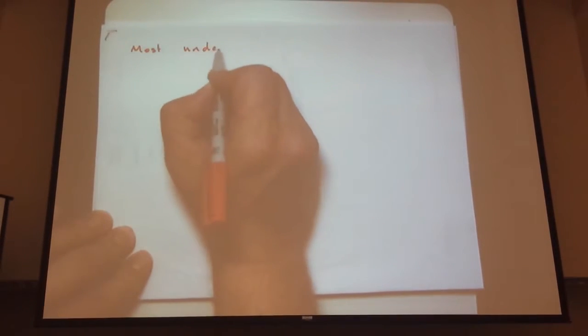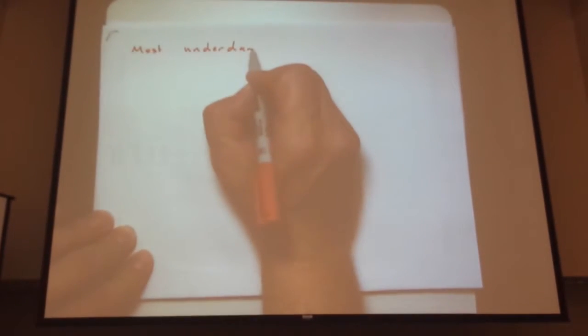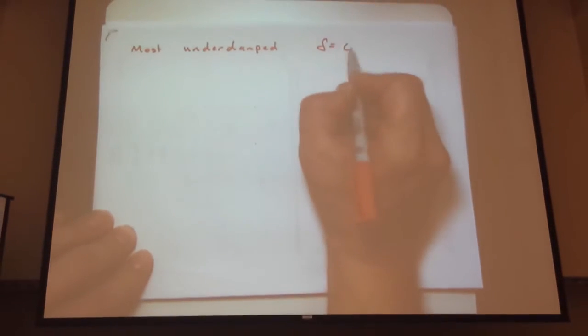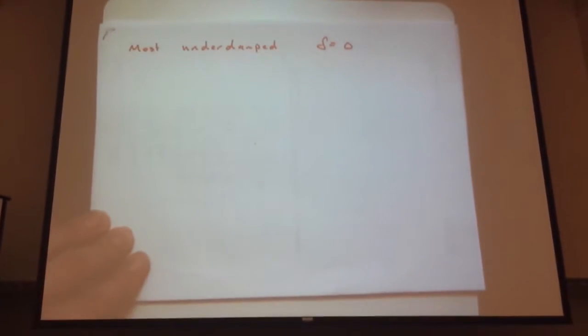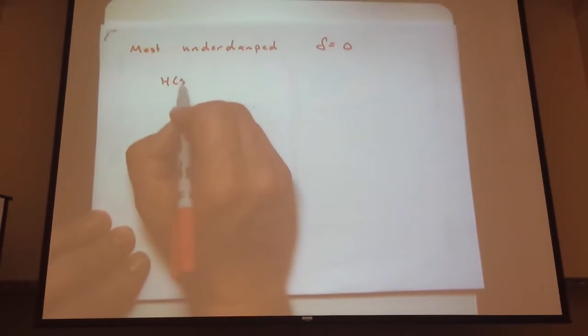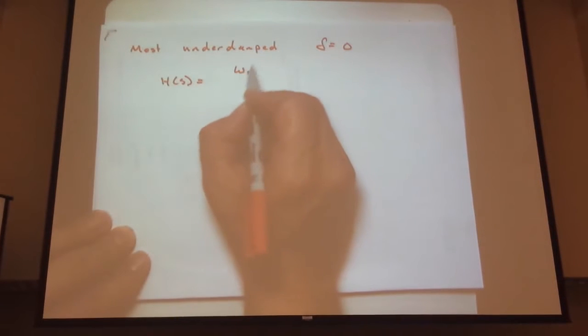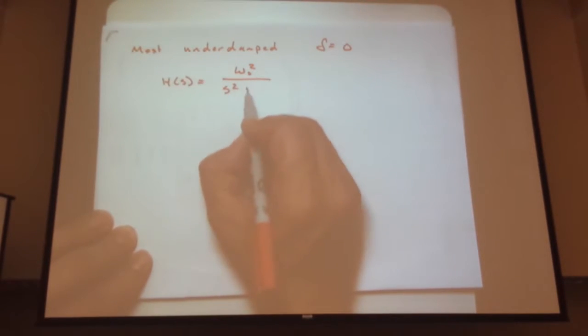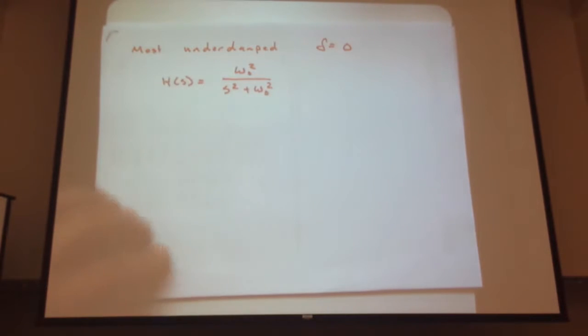Yeah, which is the damping ratio of 0, which implies alpha equals 0. So we wind up with H of S equals omega naught squared over S squared plus omega naught squared.